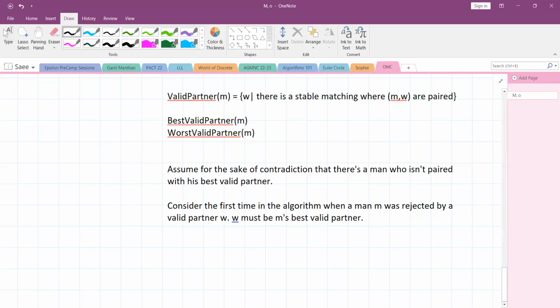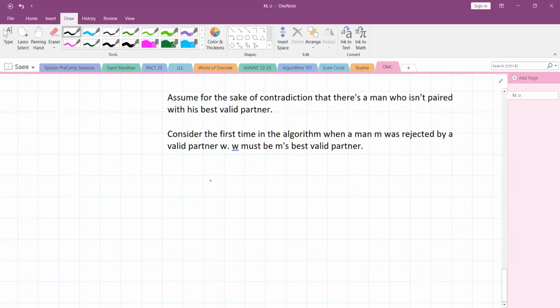Now let's just try to draw some things. Let's say at the end of the algorithm, M is paired with some W prime and W is paired with some M prime. Again, a very similar argument to what we have done earlier. Clearly M and W aren't paired together because W rejected M. So M will never propose to W ever again.